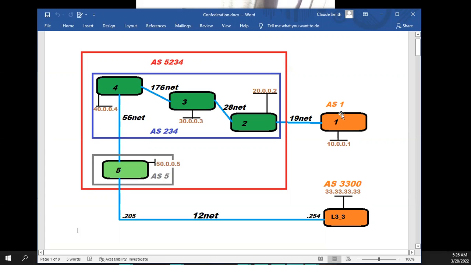You can see autonomous system number 1 has a network, which we'll call a LAN network, which is nothing more than a loopback, 10.0.0.1. And the network down in autonomous system 3300 is network 33.33.33.33. But let's take a peek inside this confederation itself, and we'll peek at router number 2. Let me bring router number 2 in here.